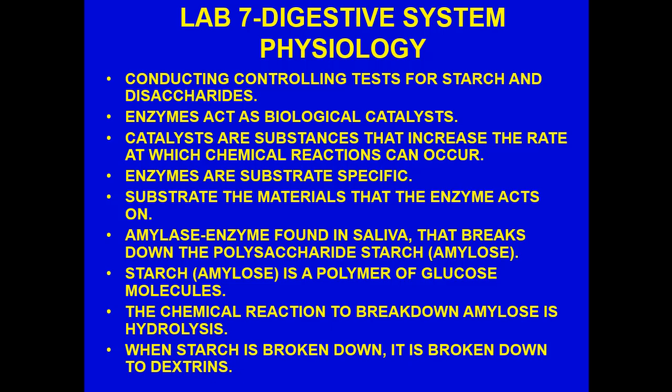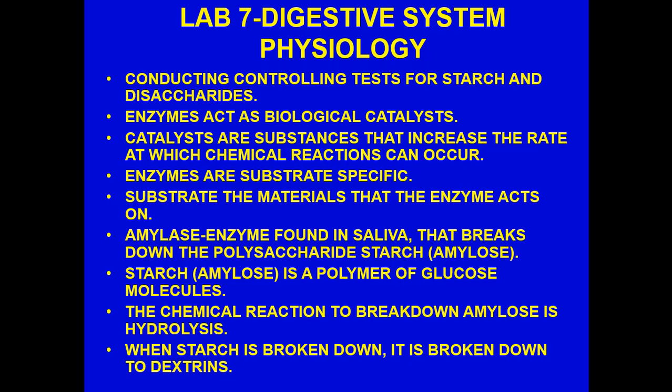Now, as we've mentioned before, enzymes act as biological catalysts. Catalysts are substances that increase the rate at which chemical reactions can occur. Enzymes are substrate specific, which means that a particular enzyme will act on one, maybe at the absolute most two, different types of particular reactions, and that's it.